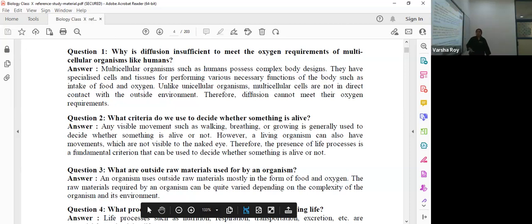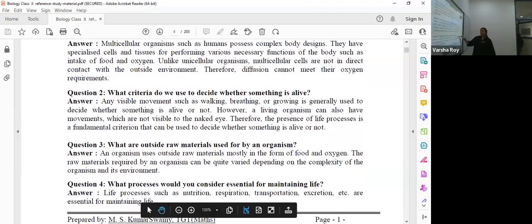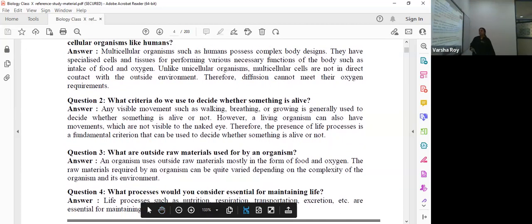Any visible movement such as walking, breathing, growing is generally used to decide whether something is alive or not. However, a living organism can also have movements which are not visible to the naked eye. Therefore, the presence of life processes is a fundamental criterion that can be used to decide whether something is alive.